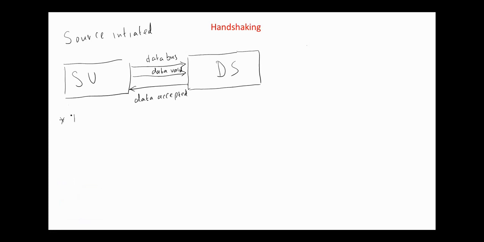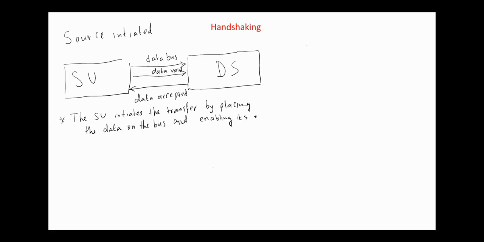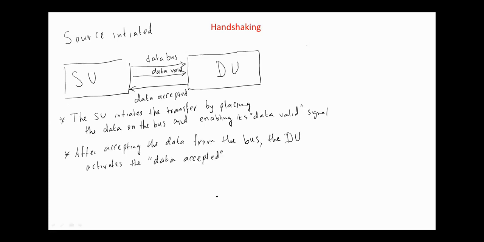As in the strobe transfer, the source unit initiates the transfer by placing the data on the bus and enabling its data valid control signal. After accepting the data from the bus, the destination unit activates the data accepted control signal. So in this case, the source unit is informed that the destination unit has received the data.